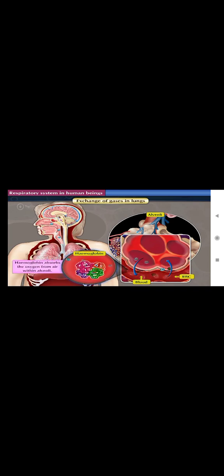Hemoglobin absorbs the oxygen from air within alveoli. Simultaneously, carbon dioxide and water vapors move from blood into the alveoli. Thus, oxygen is taken into the blood and carbon dioxide and water vapors are removed from the blood and given out by exhalation.